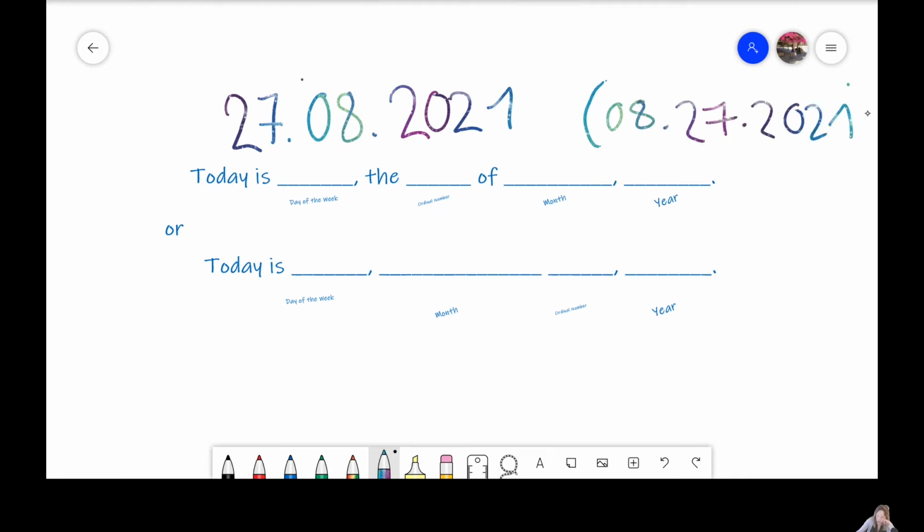However, I'm going to focus on the European way since we're doing this in Europe. So, today is, I'm going to write it while I say it. Today is, now the day of the week, capitalized, Friday. Today is Friday.